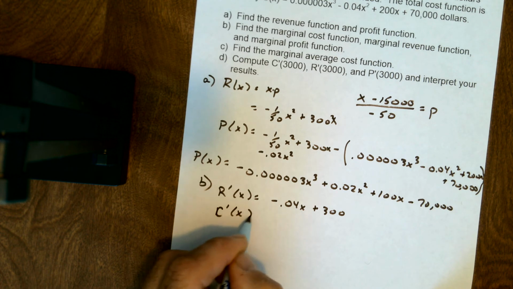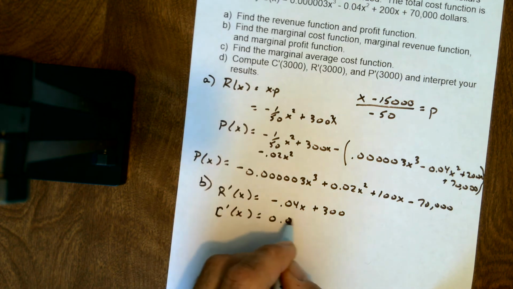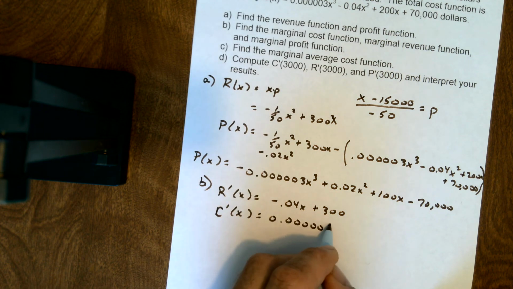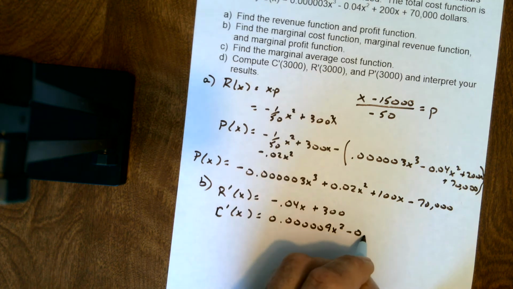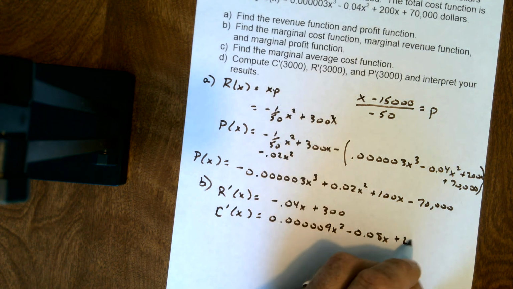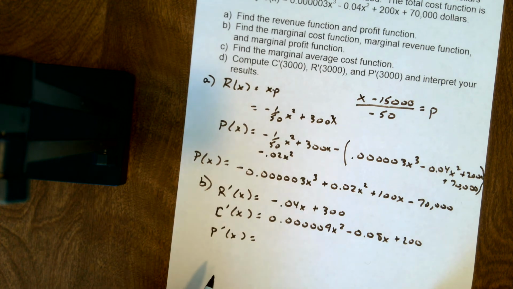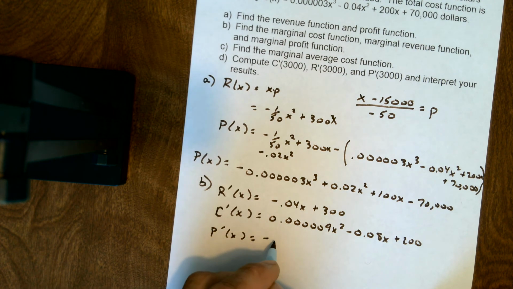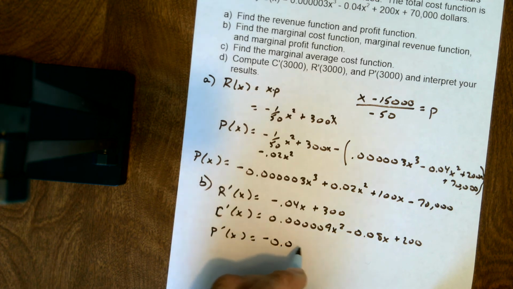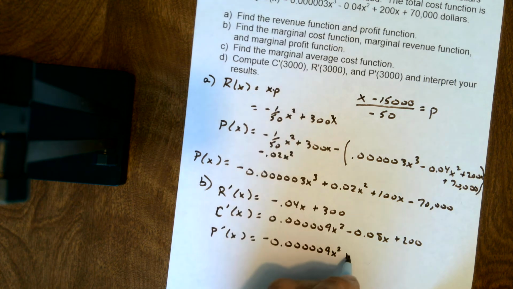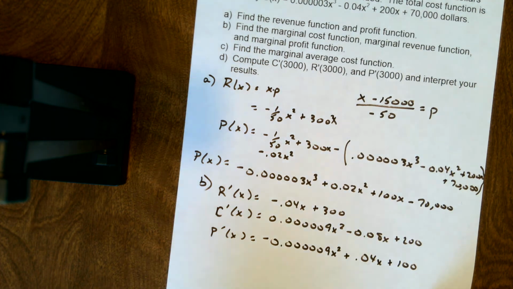Our marginal cost is going to be the derivative of that: 5 zeros, 9x squared minus 800th x plus 200. And finally p prime of x, which is going to be the derivative of that: 5 zeros, 9x squared plus 400th x plus 100.